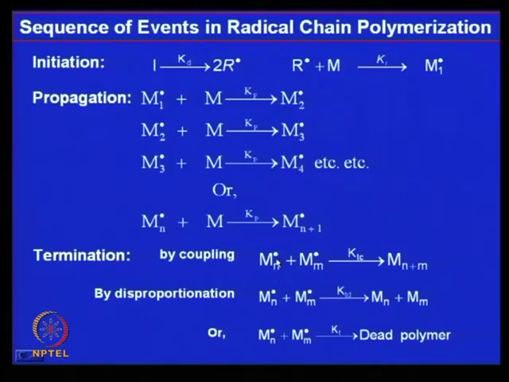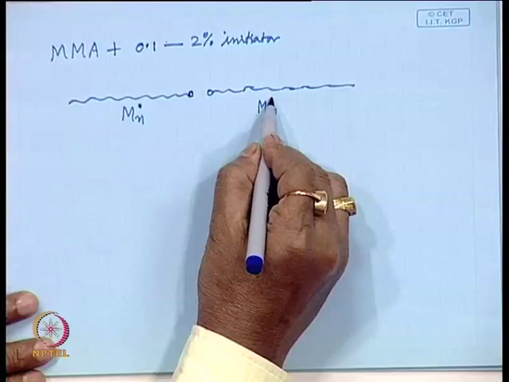At one end there is a free radical. Similarly, you can have another chain bearing a free radical at one end having m molecules. Suppose this is Mn dot, this is Mm dot.